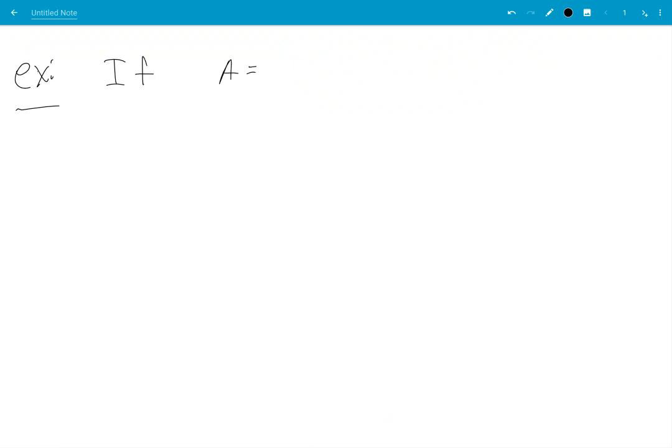Example: if A is the matrix 2, 1, negative 4, minus 2, is Ax equals b always consistent?